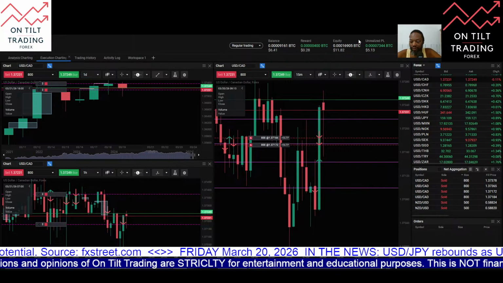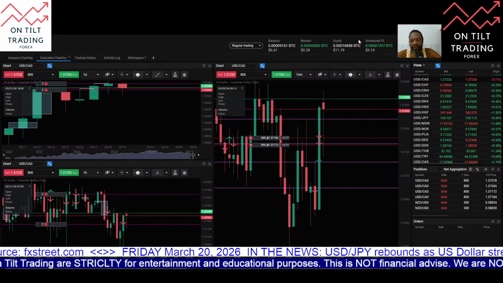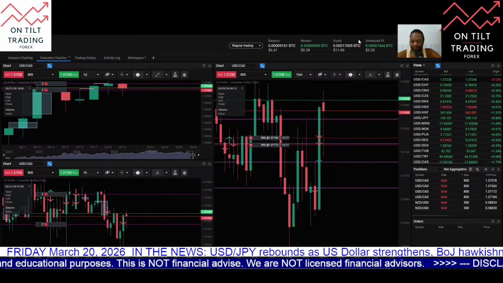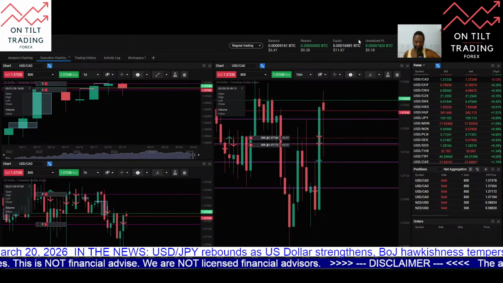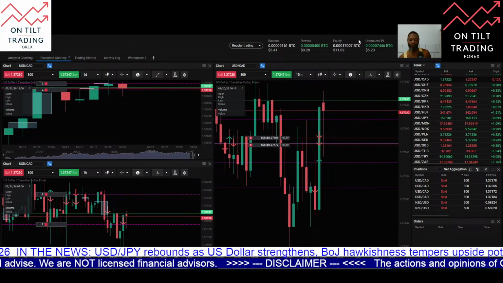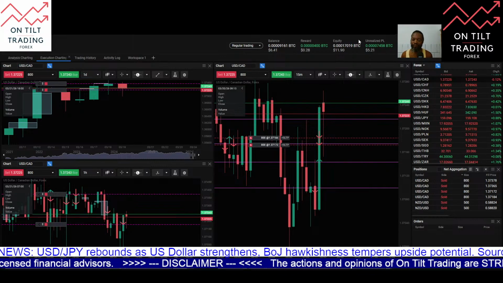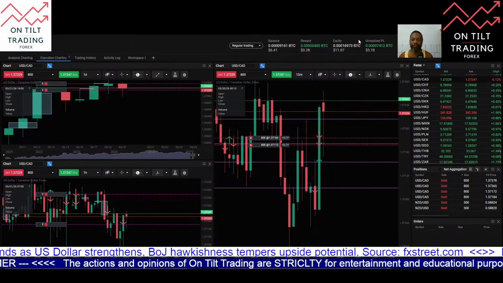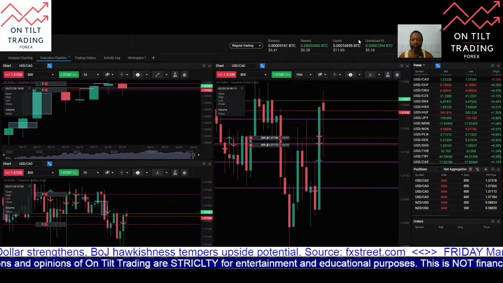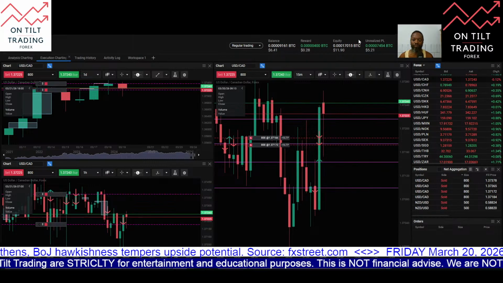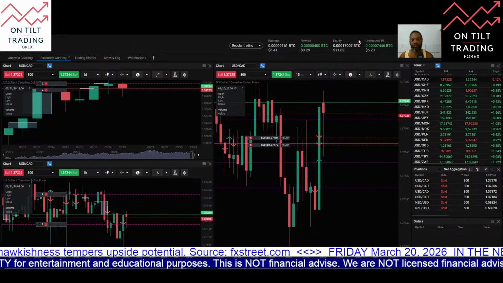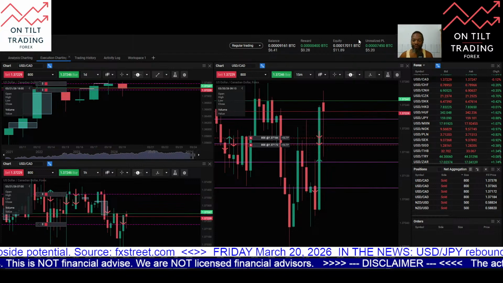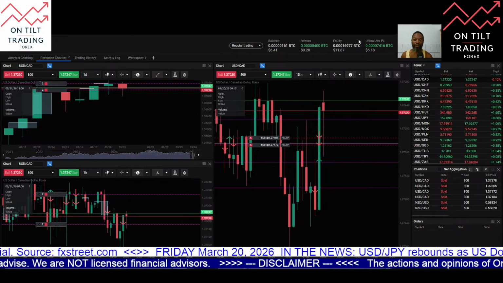So it looks like this gap will be left in place unless there's an aggressive sell move coming into the close of this candle. Still consolidating here around the 137,220 level.